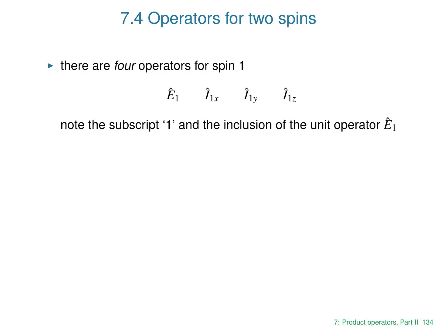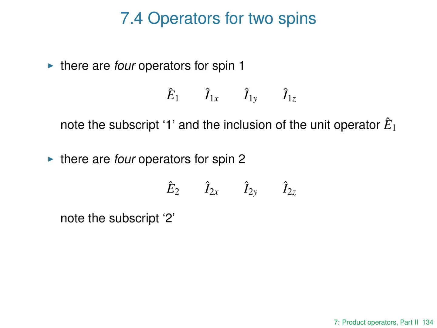So one spin can be described by these four operators, the unit operator, and then I1X, I1Y, and I1Z for spin 1. And you won't be surprised to hear that for spin 2, you have an exactly equivalent set of operators, I2X, I2Y, I2Z, and another unit operator, E2.